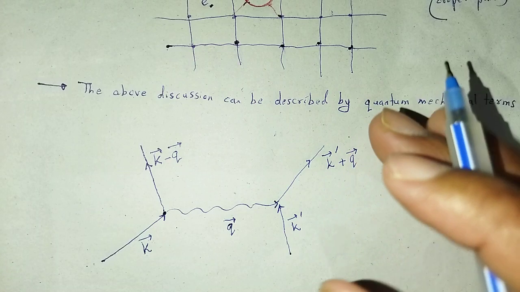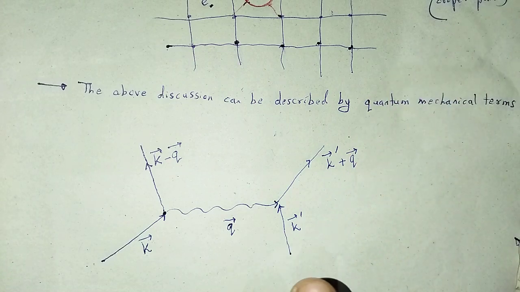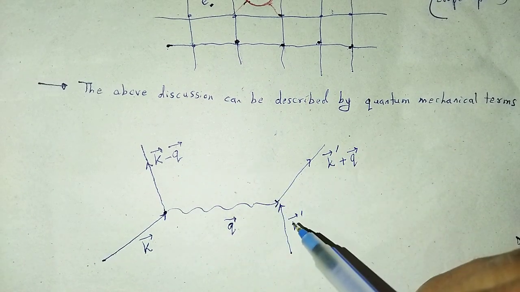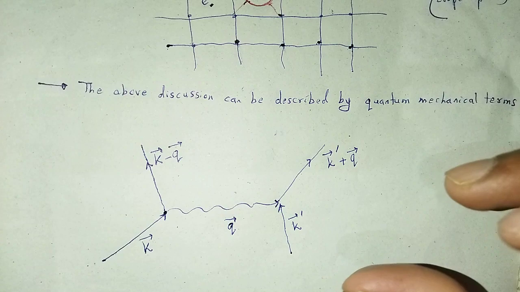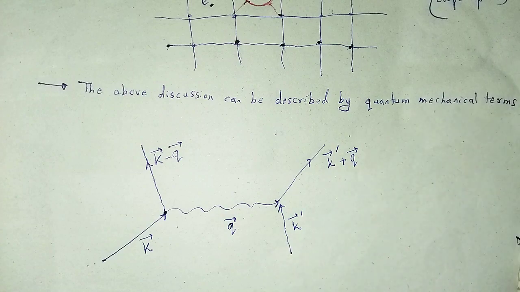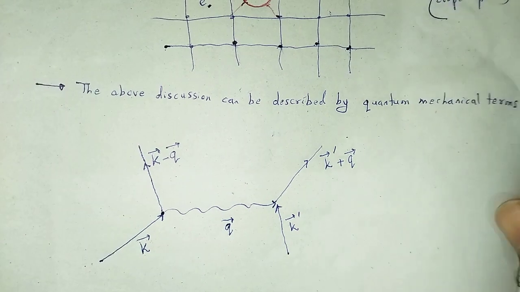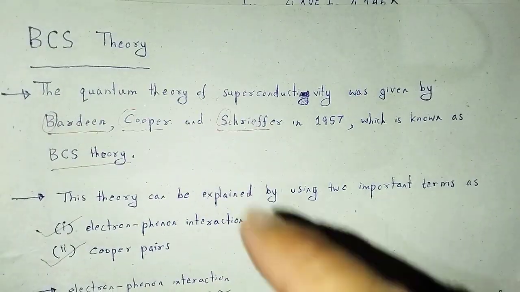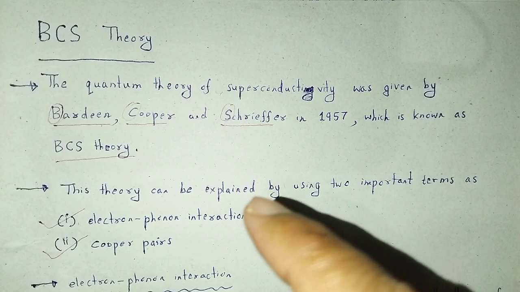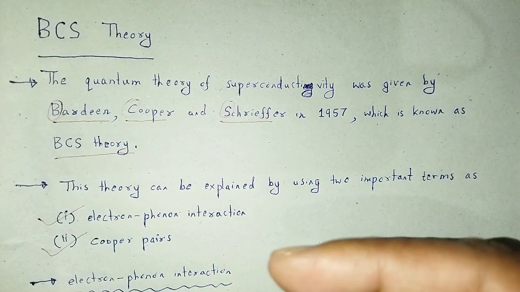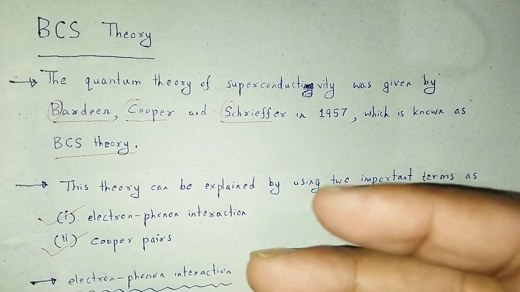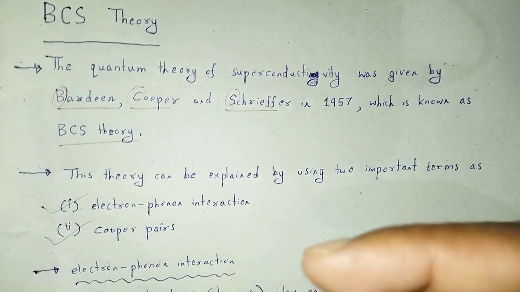Overall, the processes involved in BCS theory we can explain using quantum mechanical terms. Here is the BCS theory of superconductivity, and we explain the BCS theory using two important terms. One is electron-phonon interaction, another is Cooper pairs.